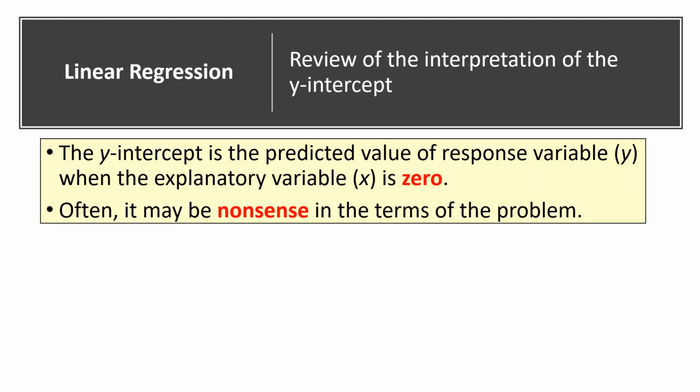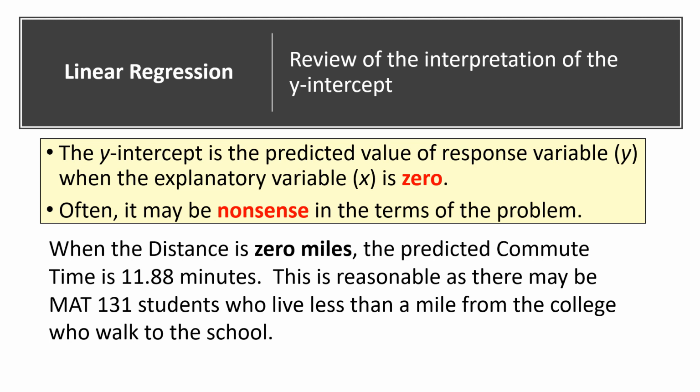The y-intercept can be interpreted this way: when the distance is 0 miles, the predicted commute time is 11.88 minutes. This is reasonable because if we go back and we look at the scatter plot, we do see some data near 0.